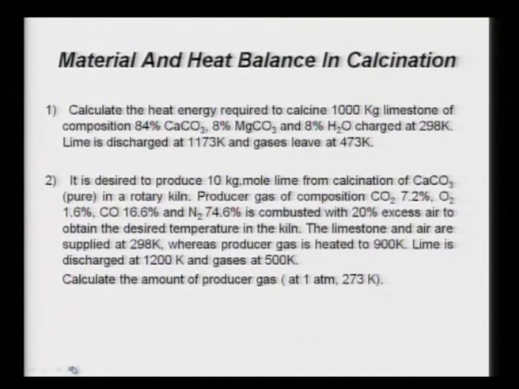Now, mind you, this limestone is not used as such in various steel making processes or in non-ferrous metal extraction processes. As you will see in the solution of the problem, the decomposition of limestone is associated with a large amount of absorption of energy. It is a highly endothermic reaction.